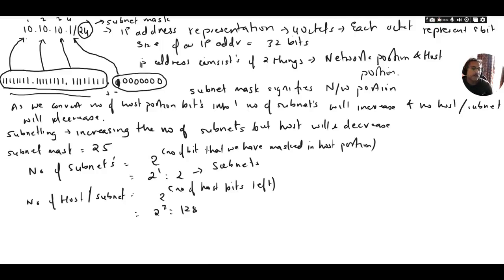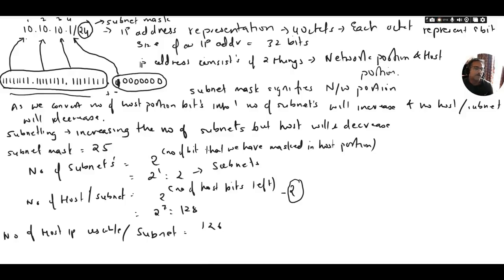But the usable host IPs per subnet will be 2 raised to 7 minus 2, so that will be 126. Why have we subtracted 2? Because we have to subtract the network IP and the broadcast IP.